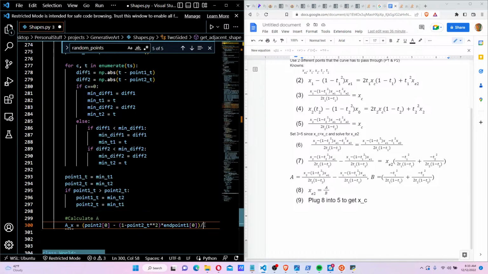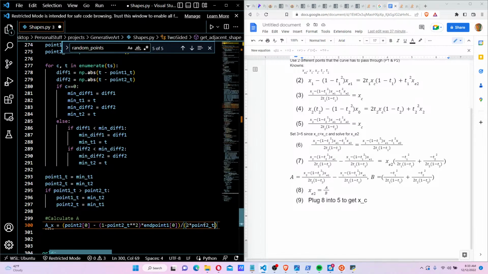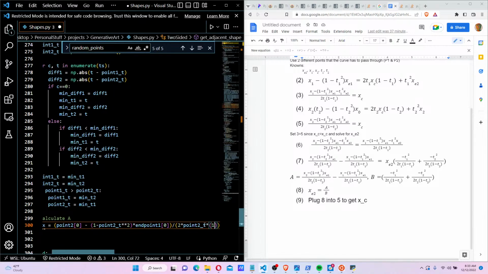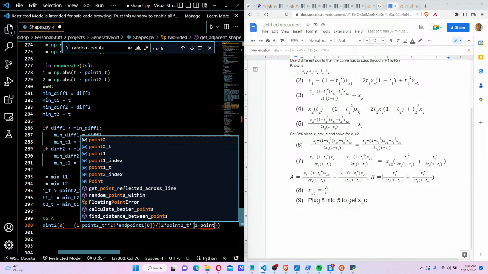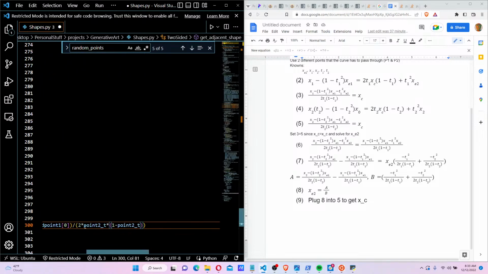Okay, and then the denominator of a is 2 times 0.2t times, and then more parentheses, and then 1 minus 0.2t, and then that whole term, oh man, take that whole thing, subtract another term.